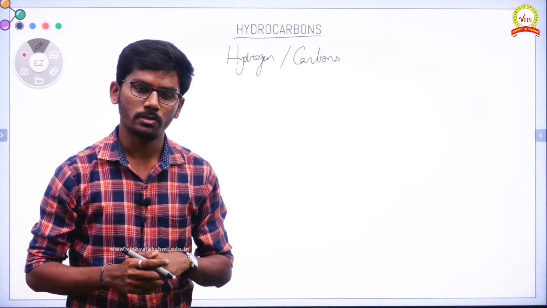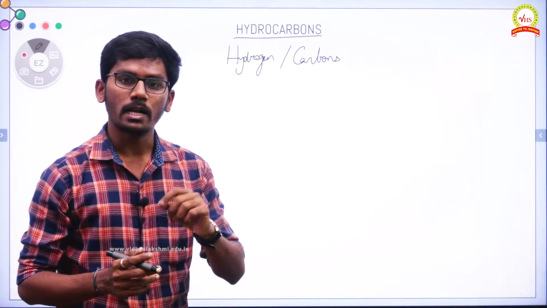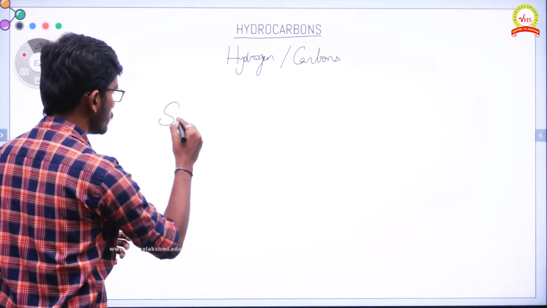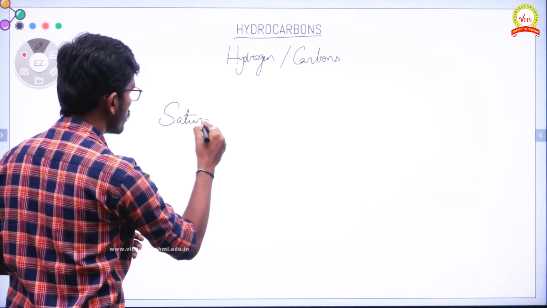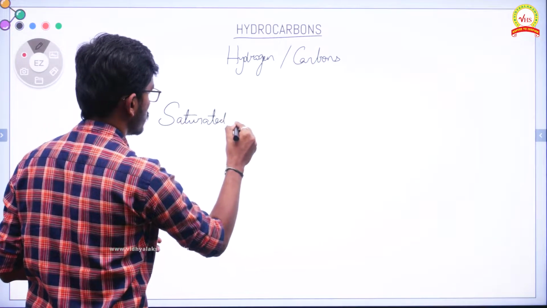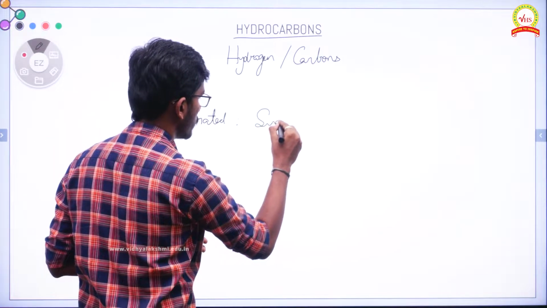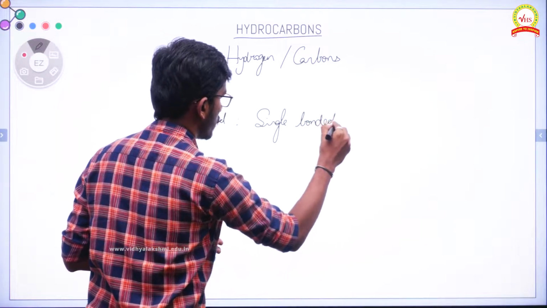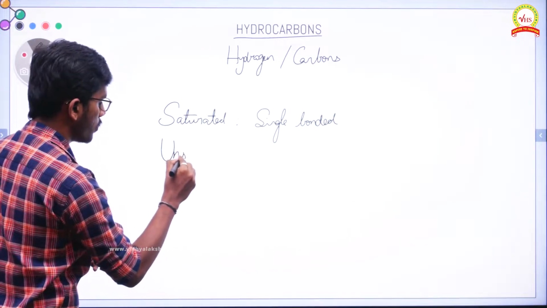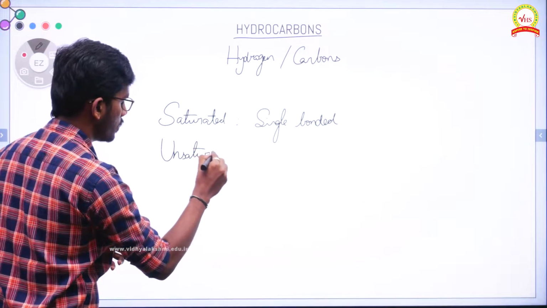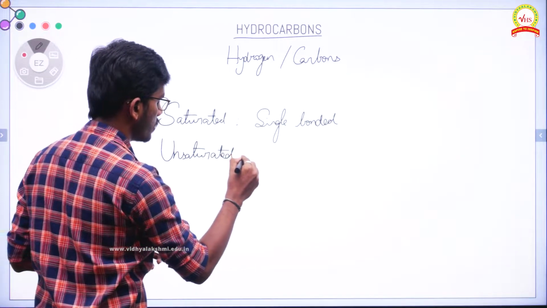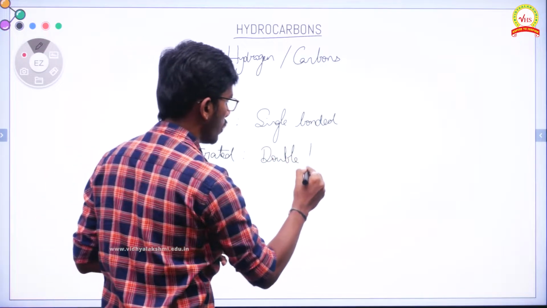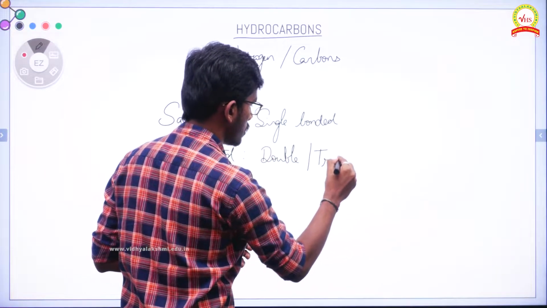In the previous video we would have discussed saturated compounds and unsaturated compounds. Saturated compounds are those having single bonds between carbon-carbon atoms, single bonded, and unsaturated compounds will be either double bonded or triple bonded, double or triple bonds.